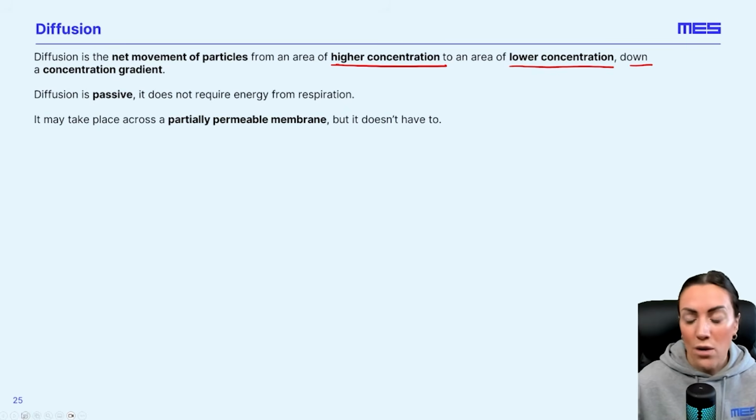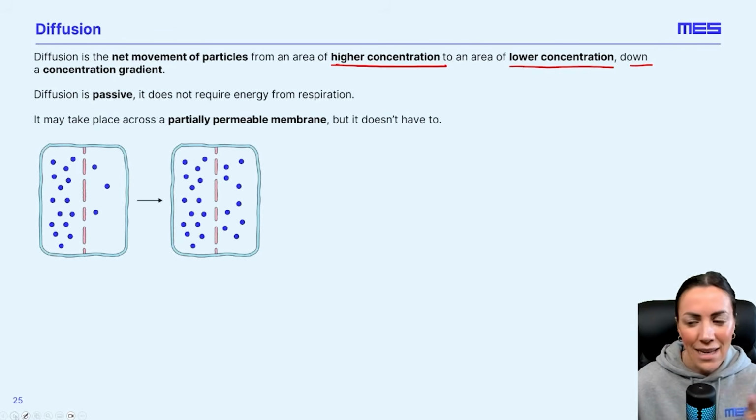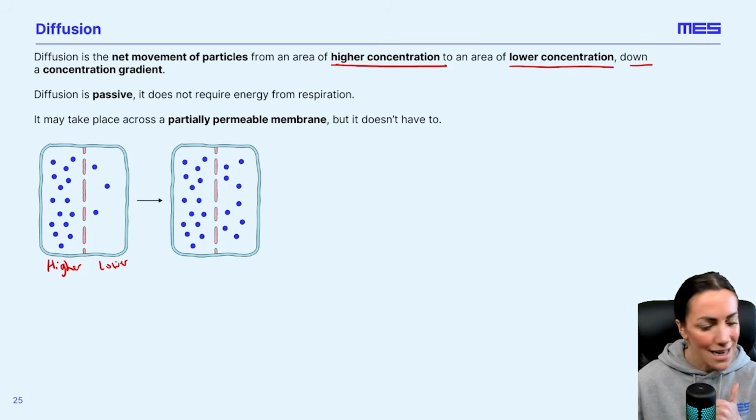Obviously, in biology, we're often talking about diffusion in and out of cells, so that usually is a partially permeable membrane in biology. Here we've got an example. So the red represents a partially permeable membrane. And if you look at the diagram on the left-hand side, we've got two different regions. We've got a region of higher concentration on the left-hand side of the membrane and a region of lower concentration on the right-hand side of the membrane.